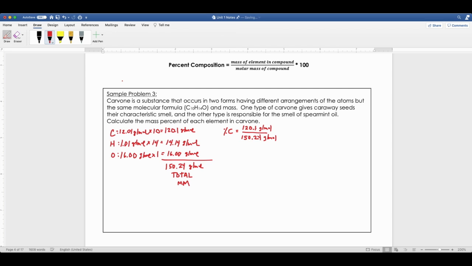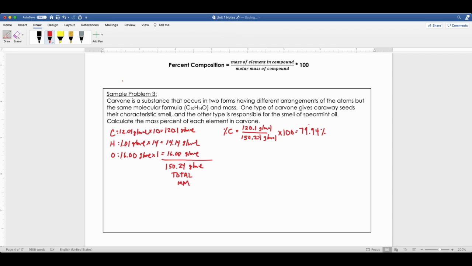So it's the element in question divided by the total. And I'm going to multiply that by 100, because of course it's a percent. And I get 79.94%.